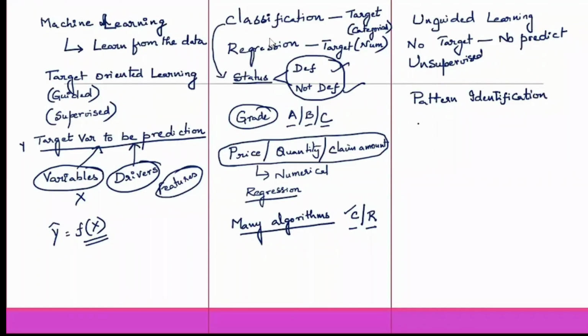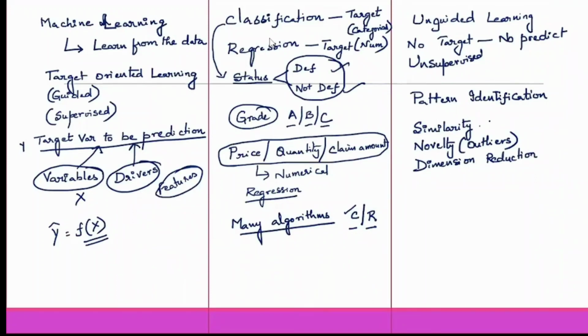So possibly a similarity. Novelty. This is where outliers come into the picture, right? Something different from the rest. Dimension reduction.